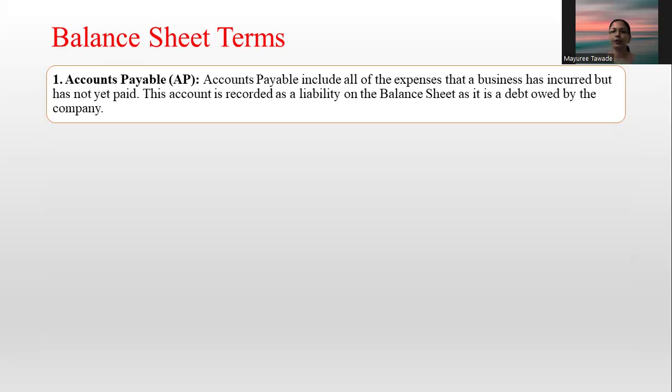Accounts payable includes all of the expenses that a business has incurred but not yet paid. This account is recorded as a liability on the balance sheet side, as it is debt owed by the company.